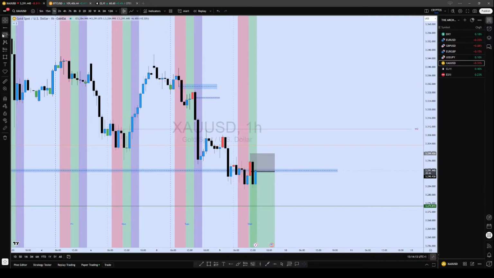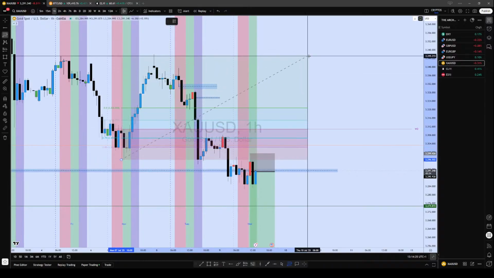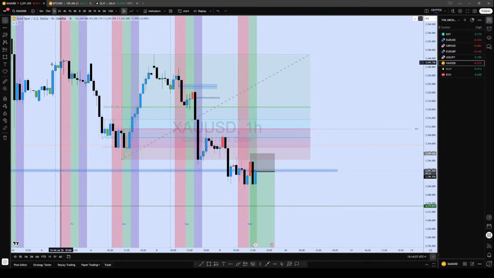Now this is something that I used to backtest a lot, where when the week starts and we have the movement to the upside like this, and it takes out a high, once we break this low, price will move symmetrically.